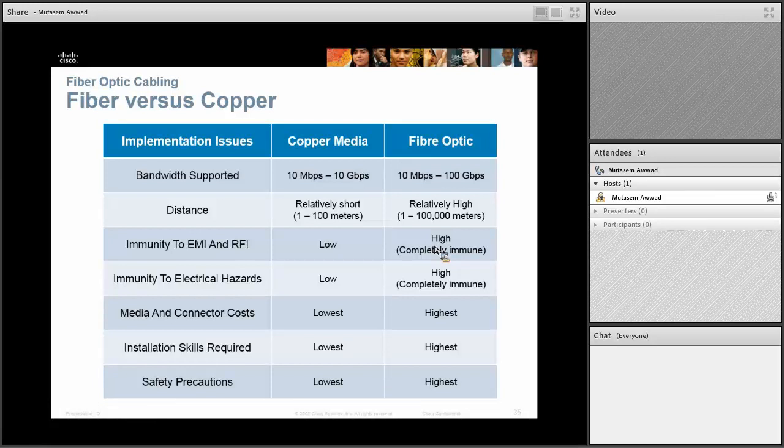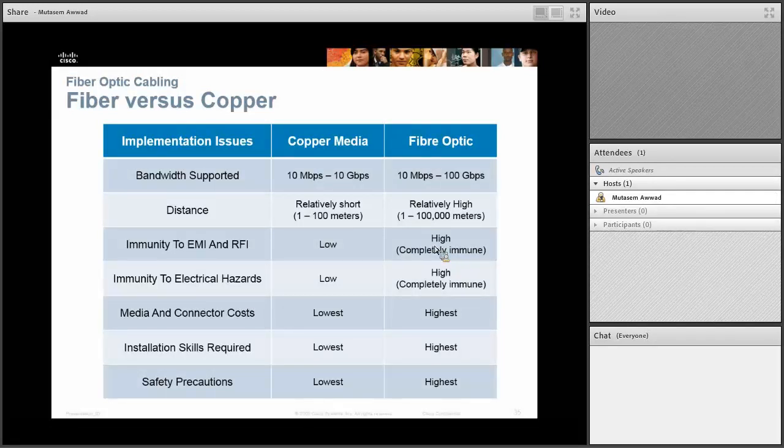That means you can put it next to machinery that emits electromagnetic interference and it will have no effect. The media is expensive though. High bandwidth, long distance, immune from EMI.